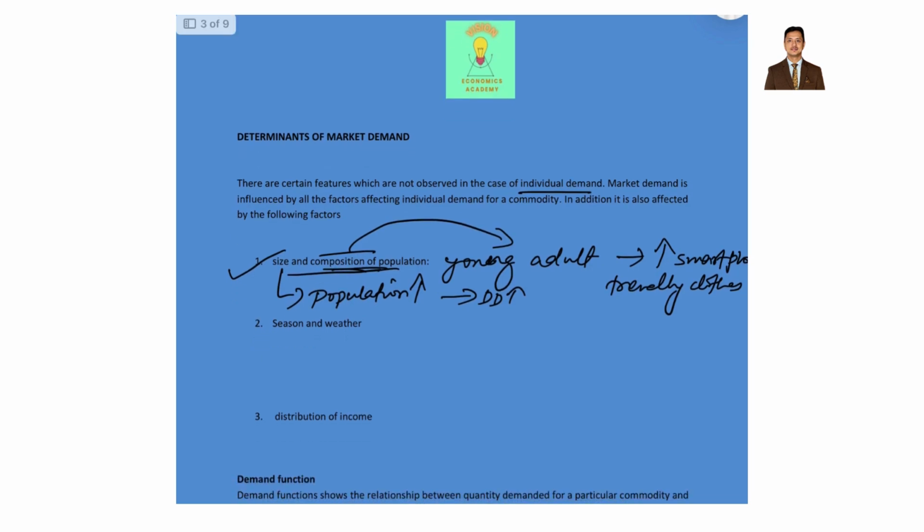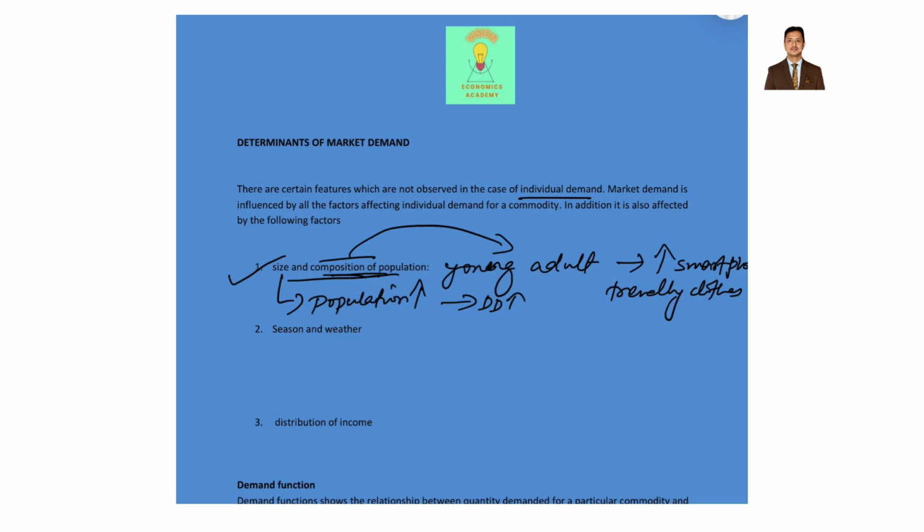Then come seasons and weather. So market demand for many products fluctuates based on the seasons or weather conditions. Certain goods are more desirable during specific times of the year or weather conditions. For example, in summer there is an increase in the demand of ice cream or cold drinks, okay?